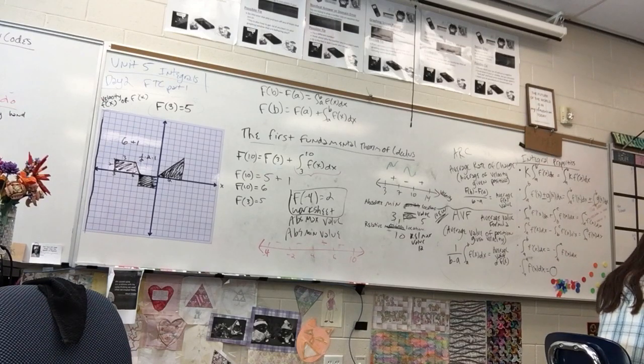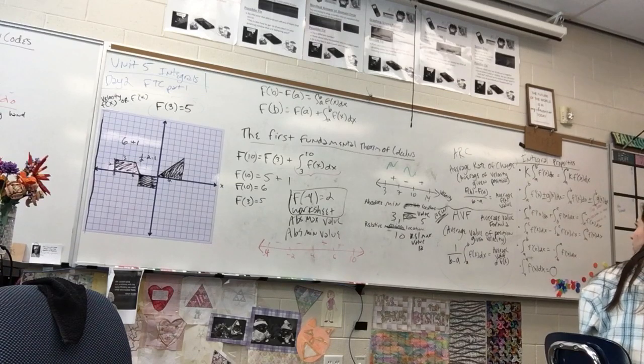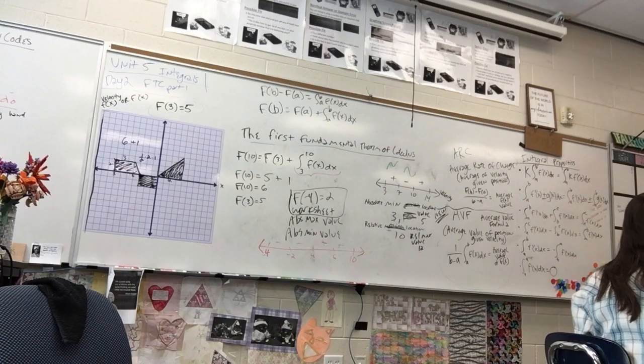So wait, the absolute powers, absolute. You don't need to remember it long term. It's fine. Alright, F of 6 is 2. This is why you write out your work.